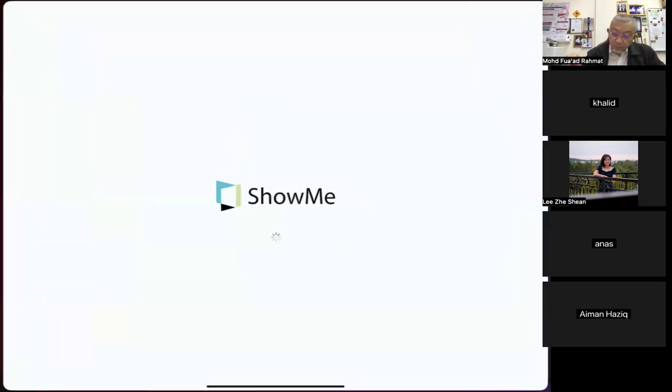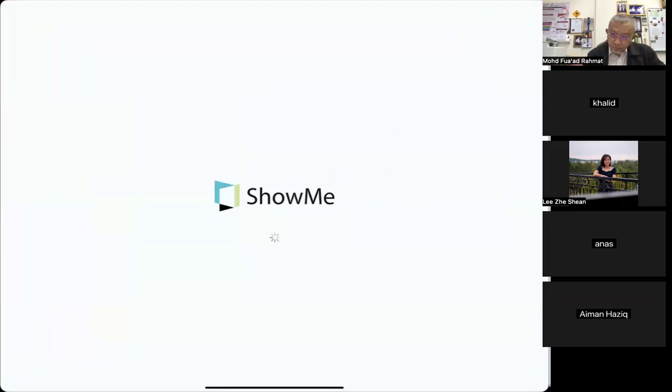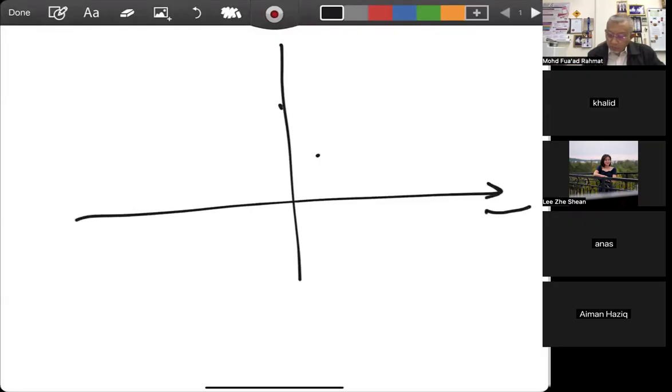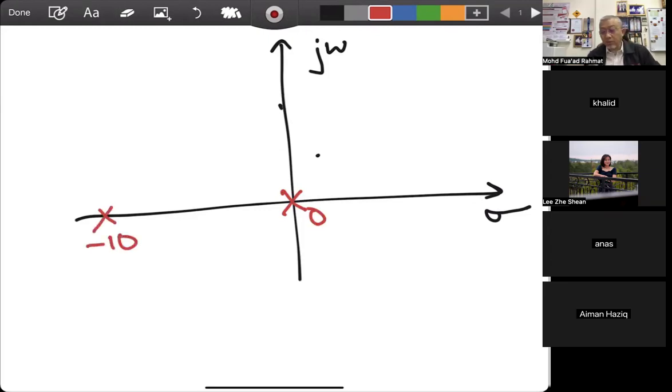Where you have a real axis and an imaginary axis, and we have open loop poles at 0 and -10 in the previous example. So two open loop poles will give two root locus paths.